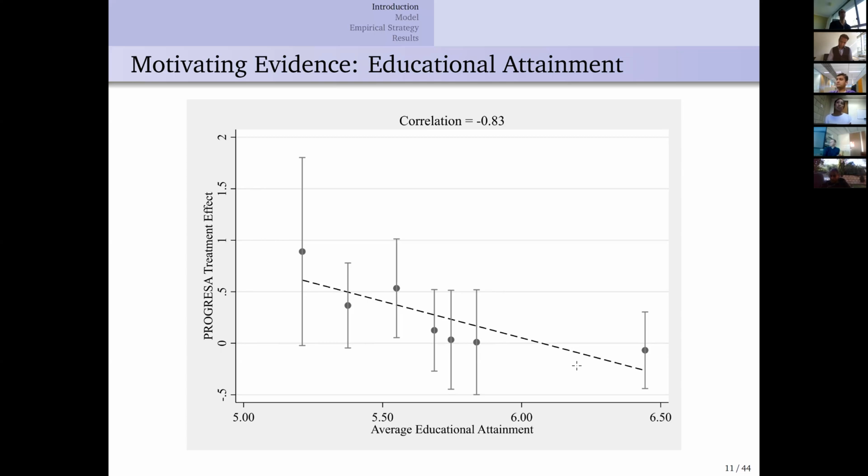But again, the problem with the state level stuff is I can run a regression, I can throw in all these things, but I essentially just have seven states, and so you just lose power, and you can't detect which one is more important. And so this is where we have to dig a little bit deeper to figure out what's going on here.